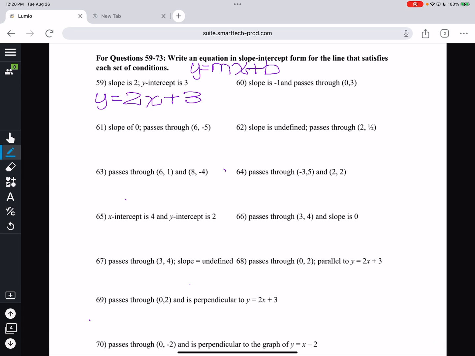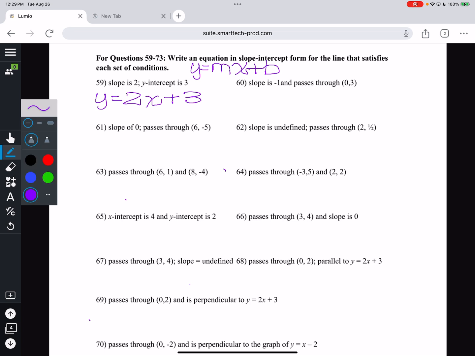All right, then 61, we're given a slope, but we're not told the y-intercept. We're given a slope and we're given a point. So what do we use if we're given a slope and a point? Point slope.